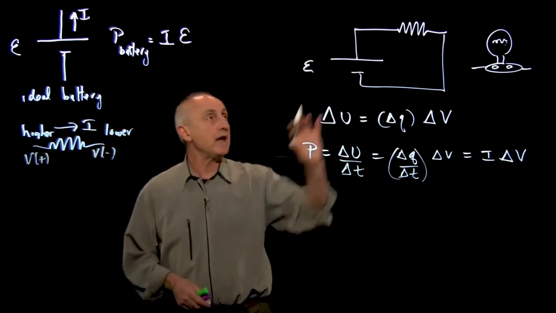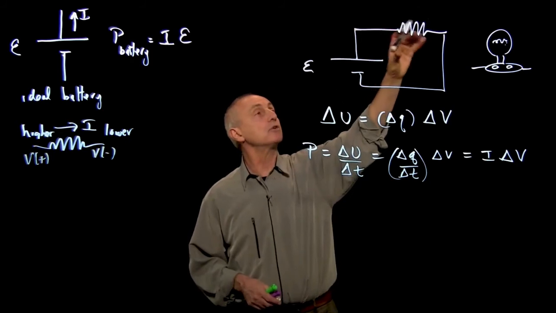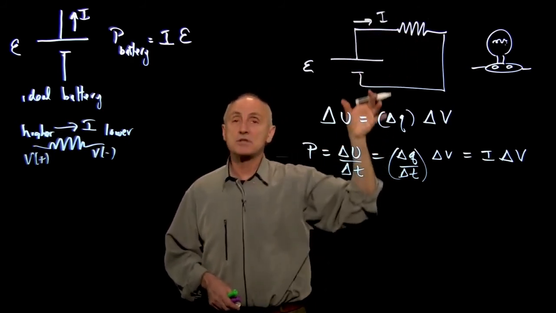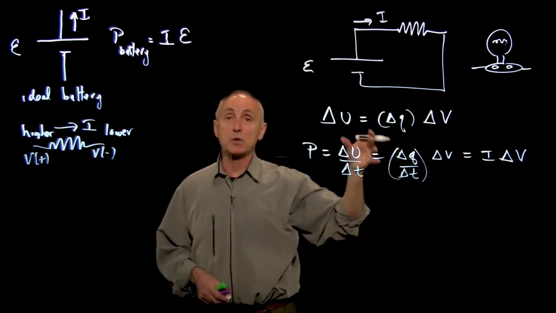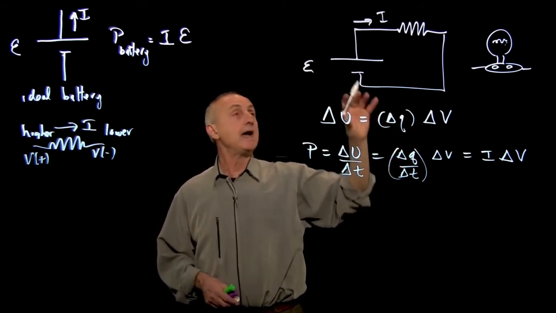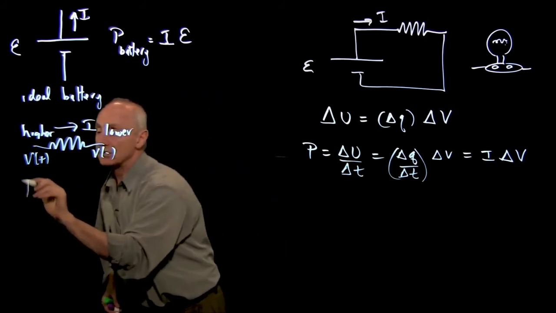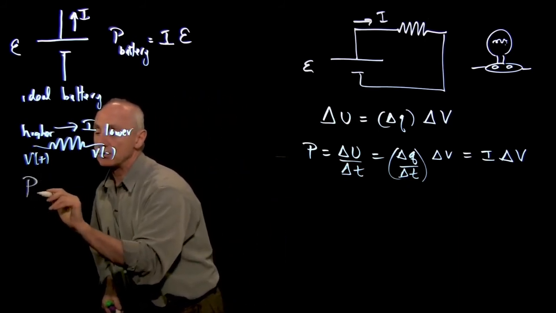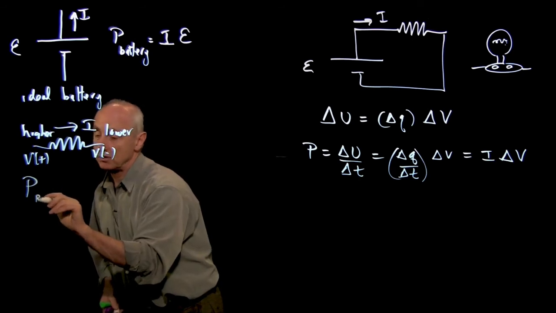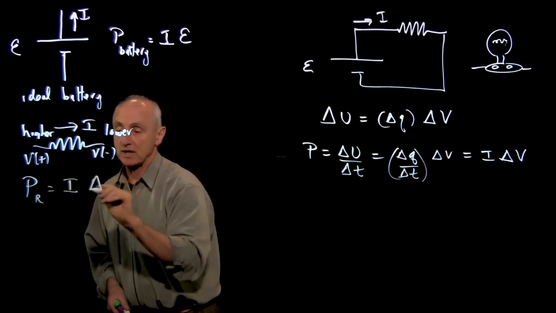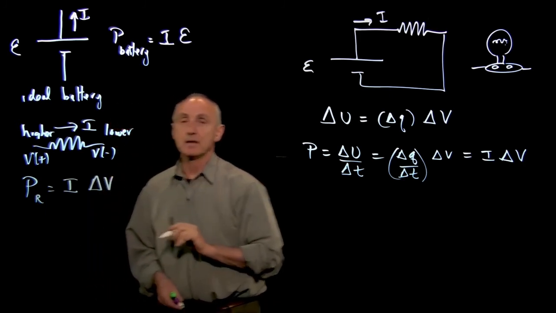Then when we have a battery connected in a circuit and current is running in this circuit, the electric field in the circuit is doing work on the charges, and the rate of doing that work is the power. Here, the power in the resistor is given by the current times the potential difference, delta V.